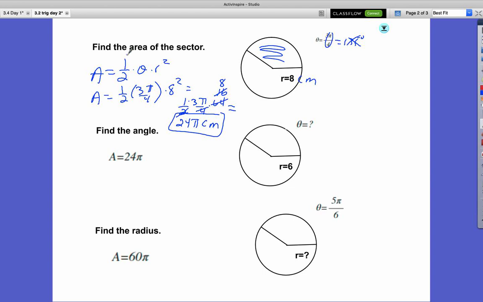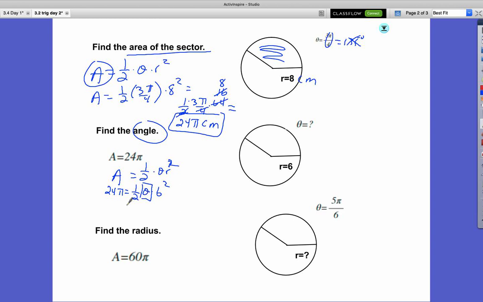So find the area. Here, find the angle. So that's theta. So I'm going to write the formula down. A equals 1/2 theta times r squared. Let's plug in 24 pi right here for the area. So we do not know the angle. We do not know theta. We do know r, so that's 6 squared. So this is our unknown here. We're solving for theta.